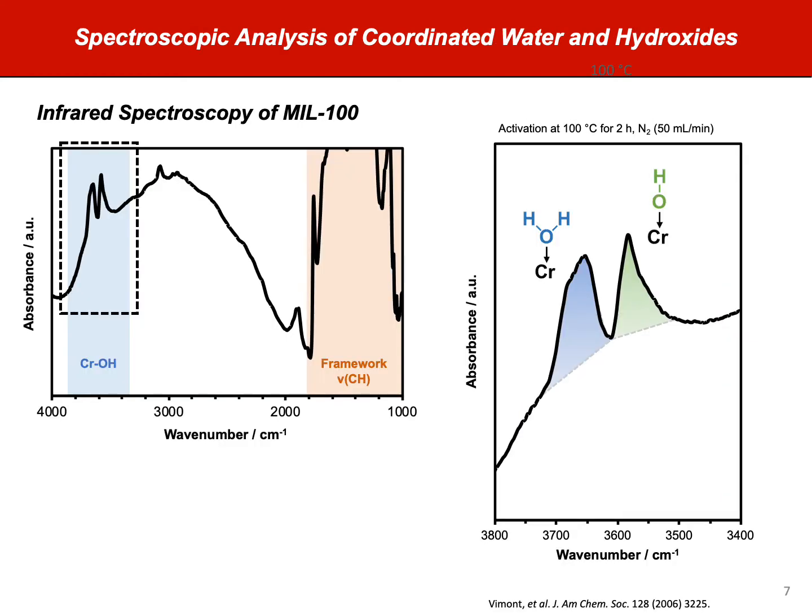So what we did next to probe this further was we looked at the infrared spectroscopy data. There are two separate hydroxyl peaks in the high wave number region. The peak that has a higher wave number here is associated with water molecules ligated to chromium, and the one at lower wave numbers is associated with hydroxyls bound to the chromium.